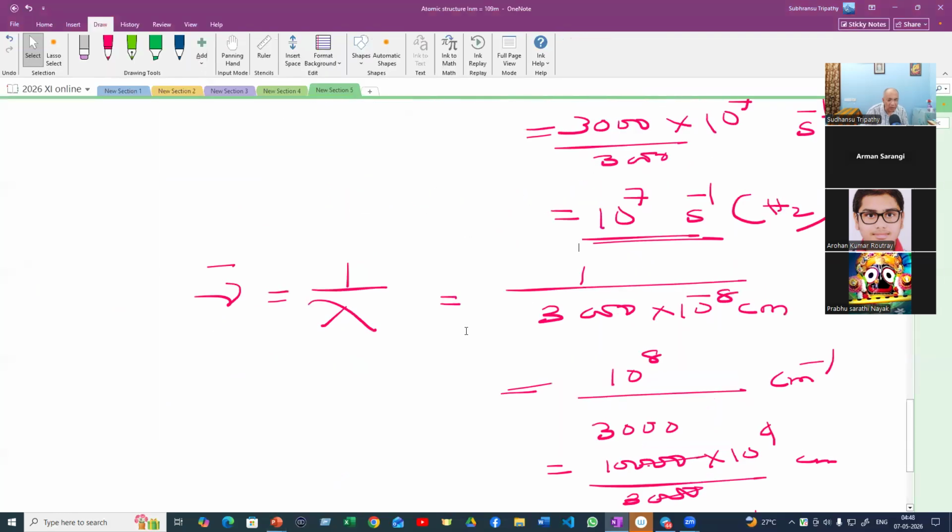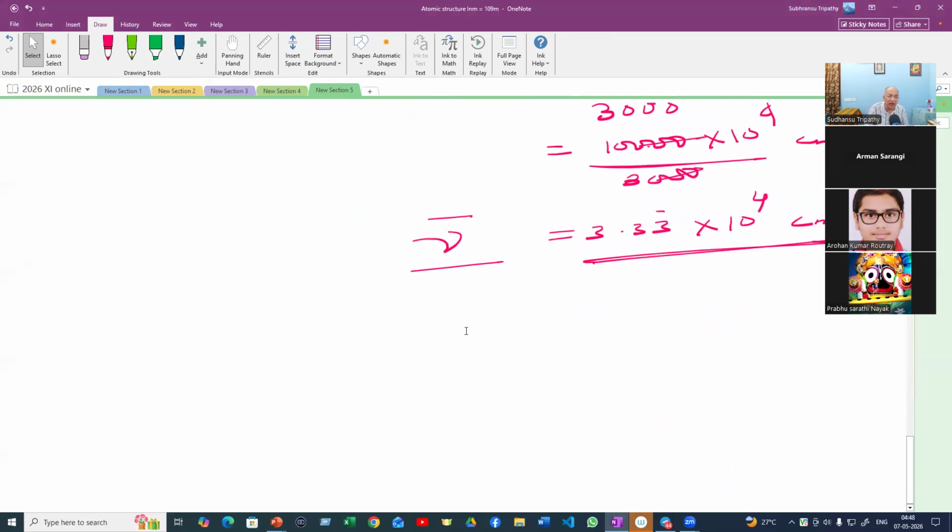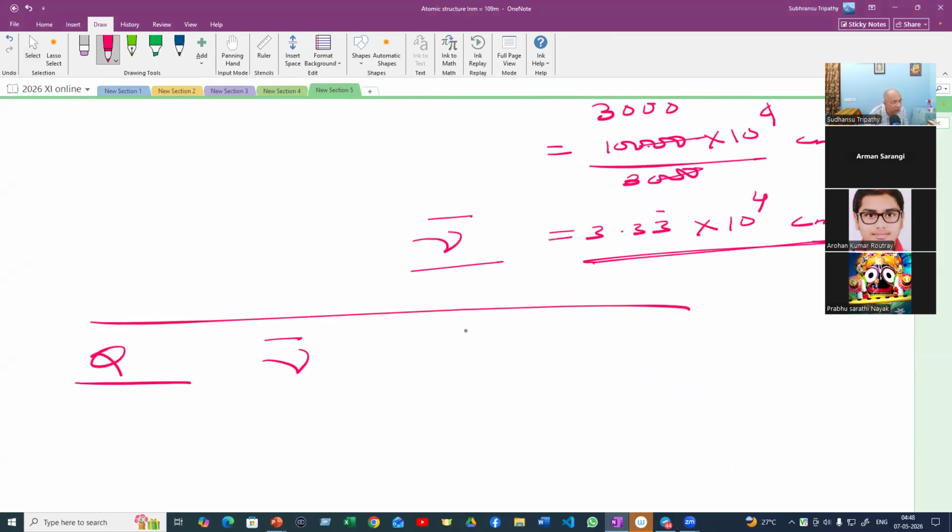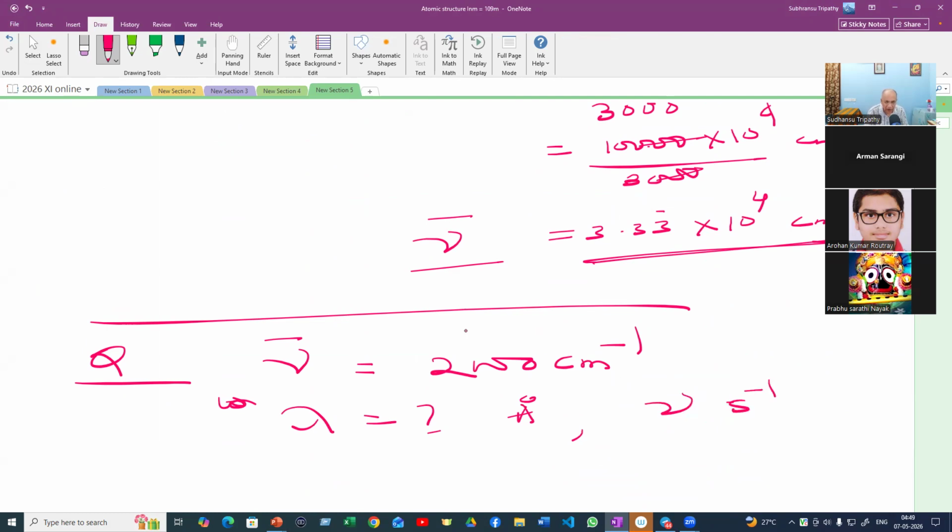Supposing I ask you the other way. Supposing I give you a radiation having wave number nu bar, say 2000 centimeter inverse. You will find its wavelength in angstrom and also find its frequency in hertz.